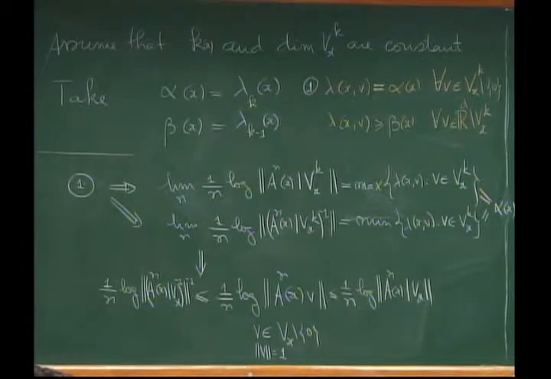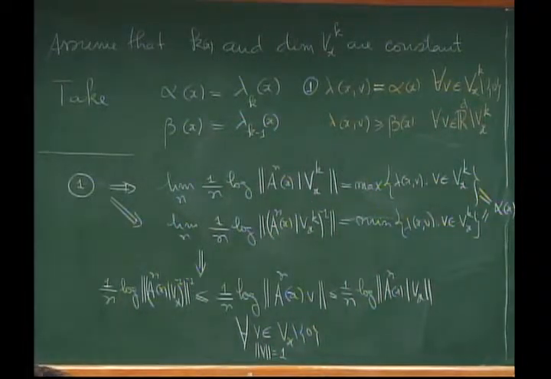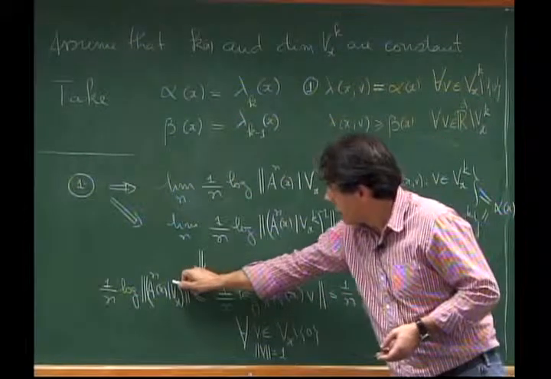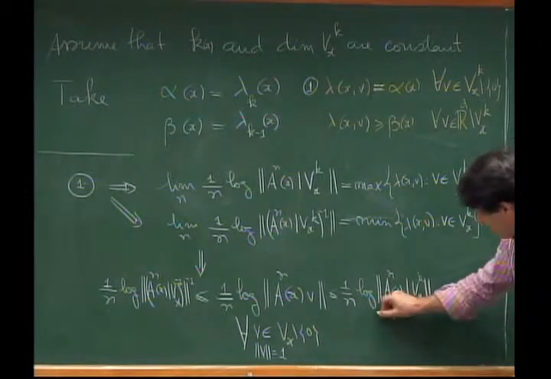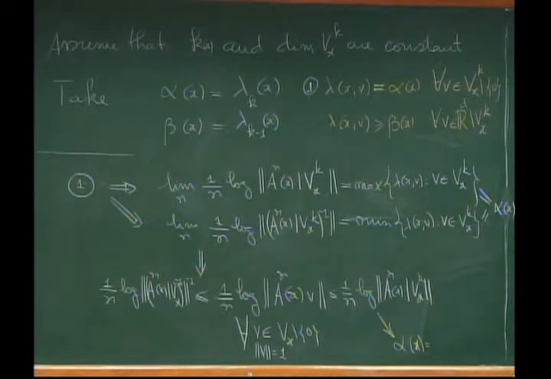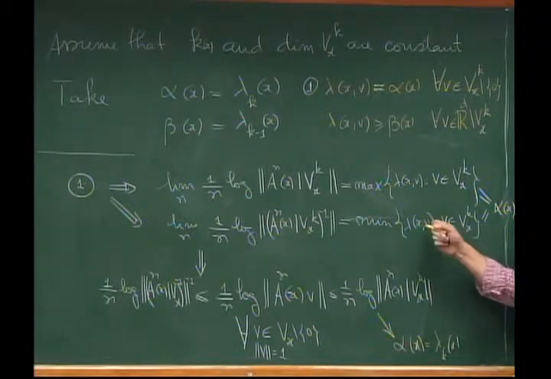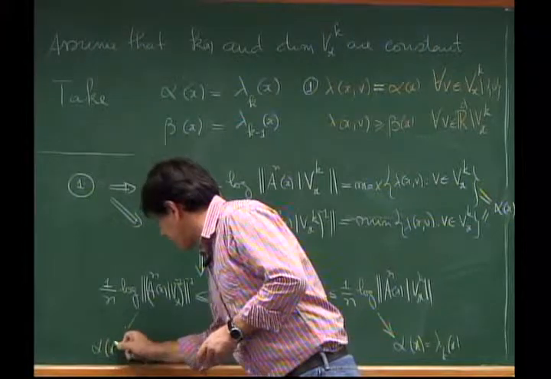Okay? For any vector in this subspace. However, I have just explained that this sequence, this is V^k, converges to alpha(x). And I also explained that this other sequence converges to the same alpha(x).